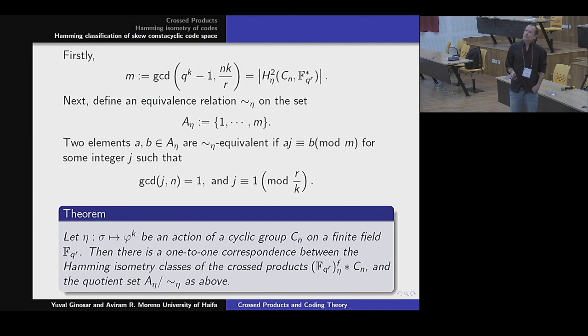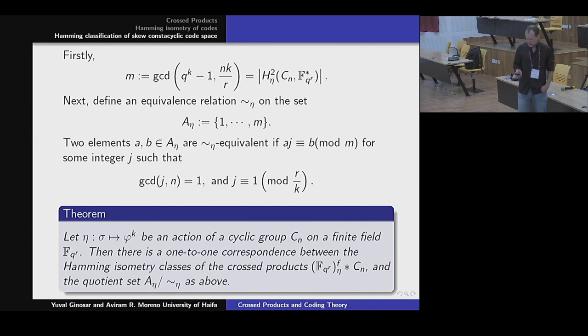Okay. What about the special case of constacyclic ambient spaces? Constacyclic means eta is trivial, meaning k is just r. So this condition is trivially satisfied, and this is just n. K over r is 1, so this is just n.